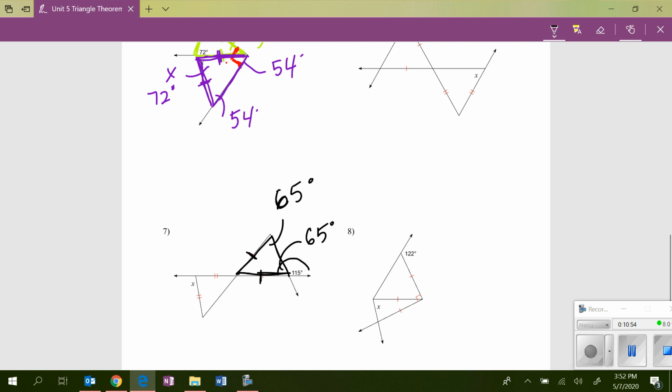Okay, solving for the last angle of my triangle because I know all angles in a triangle add up to 180. I'm going to take 180 and take away my two 65s, and that's going to equal 50.